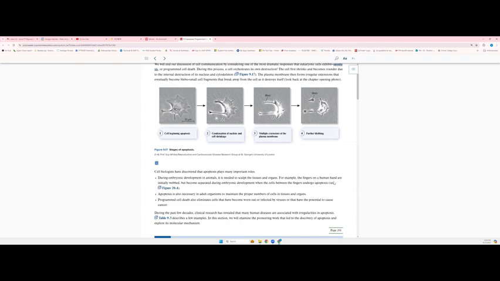The fingers on a human hand are initially webbed. When the baby is early in development, they don't have 5 separate fingers. They separate during development because the cells go through apoptosis. Apoptosis is also very necessary in adult organisms to maintain a proper number of cells in tissues and organs.